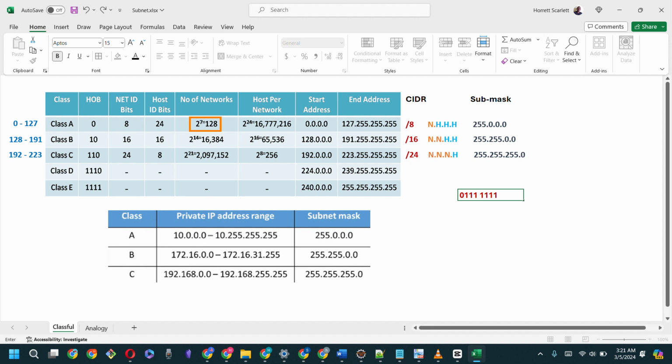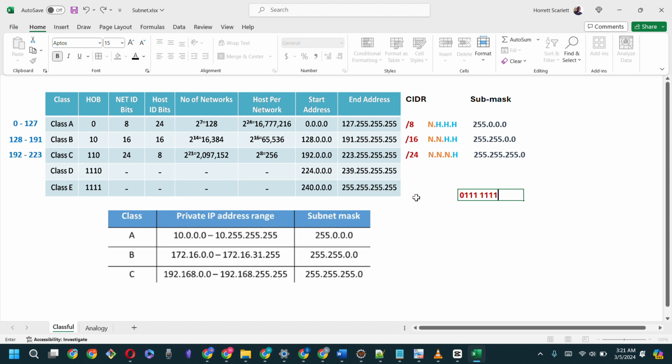For a class B address, how many networks can we compute? Well, it's going to be 2 to the 14. And you might be asking, why 2 to the 14? And the answer is simple. We know that for a class B address, 16 bits are associated to the network.